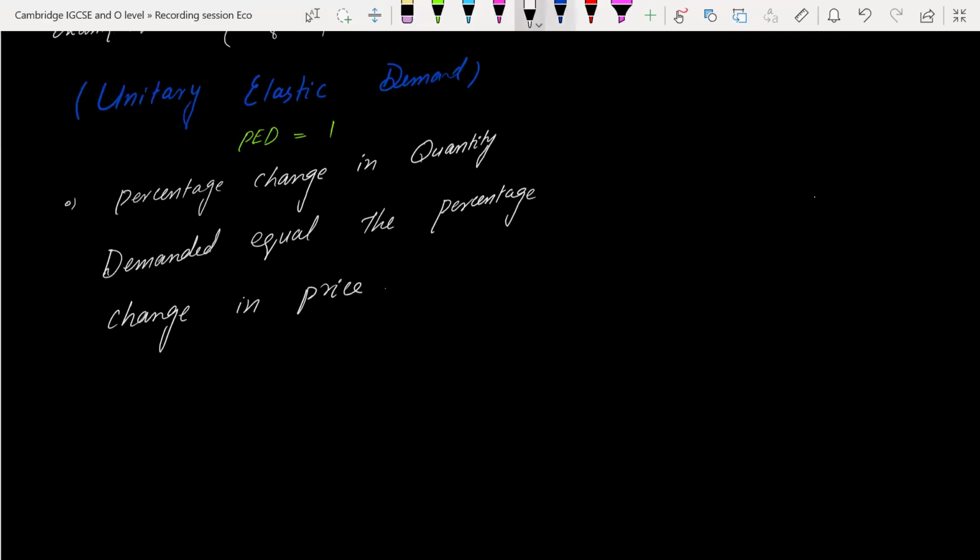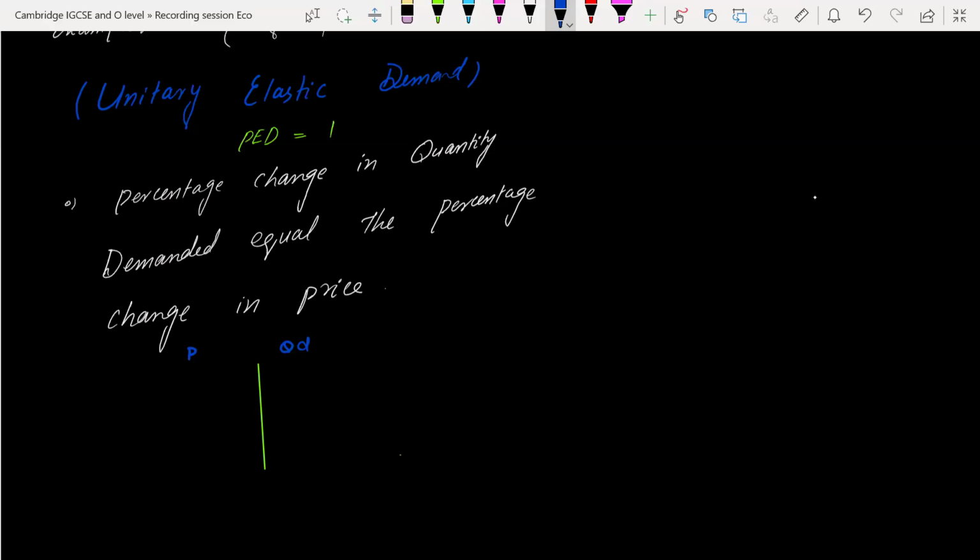For example, this is the price column and this is the quantity demand column. There is an inverse relation, which we have discussed in the law of demand also. When the price increases, quantity demand will fall. When the price falls, the quantity demand will increase.